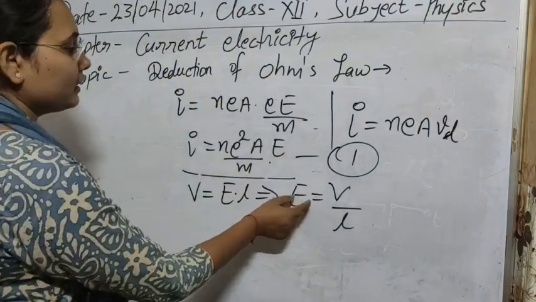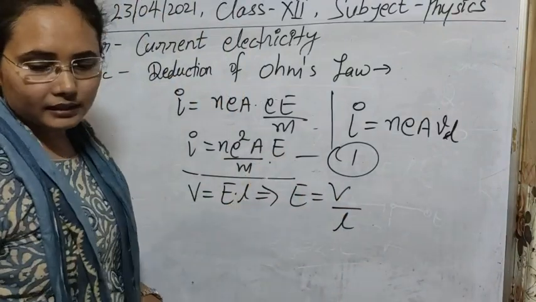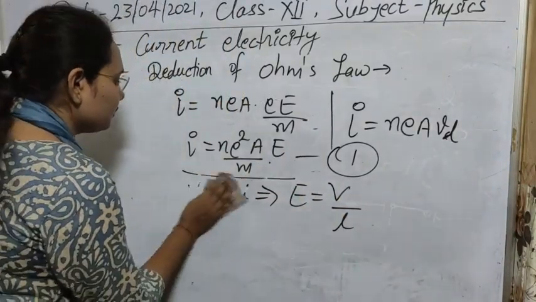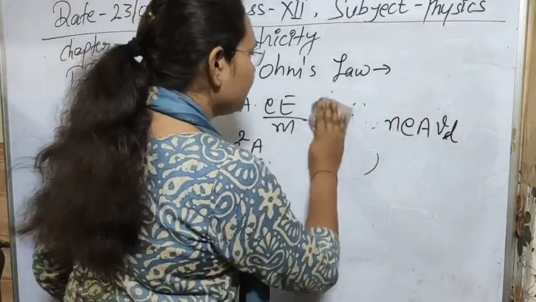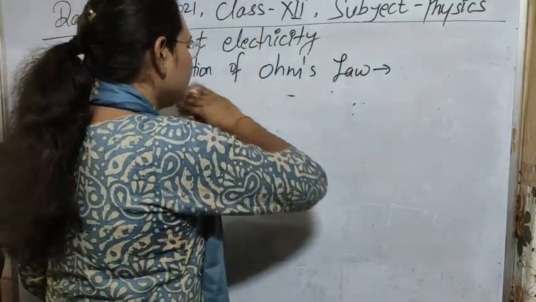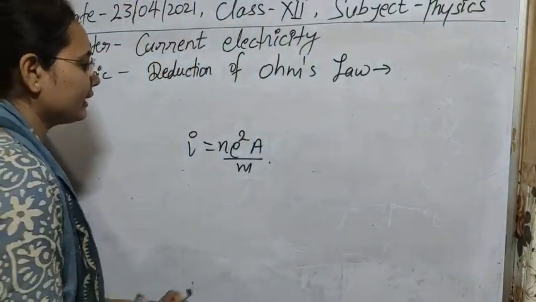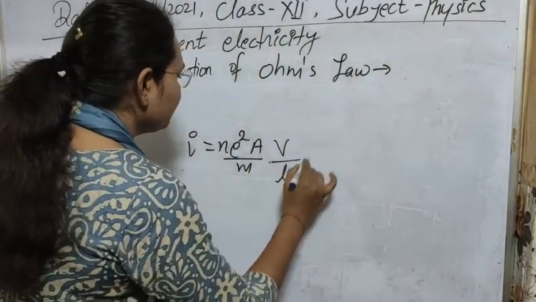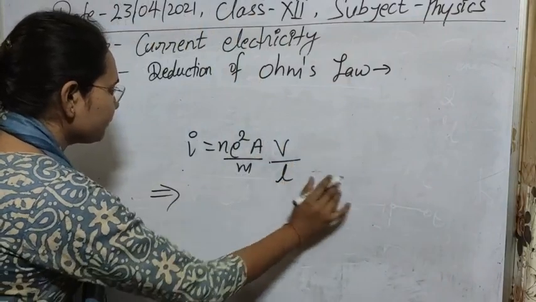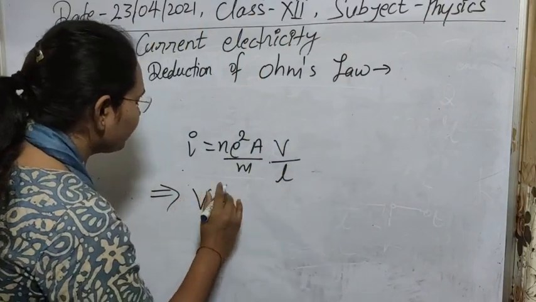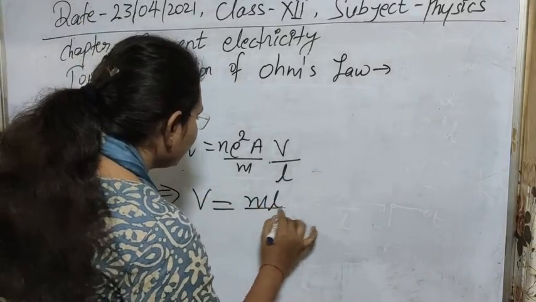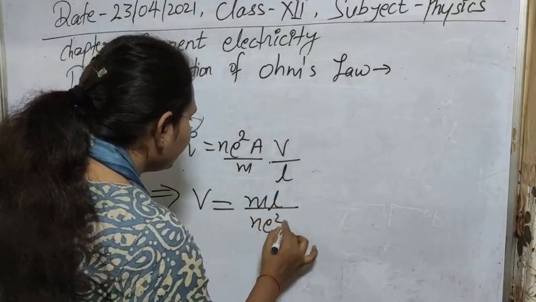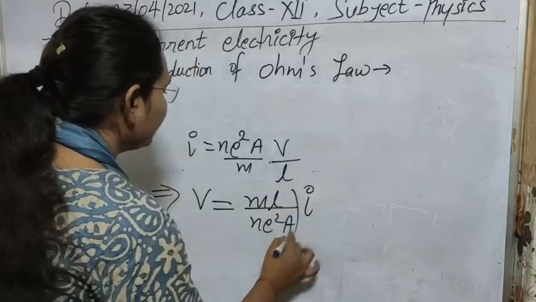In the place of E, we can write this value of E in terms of the potential and the length of the conductor that we have taken. From this, if we calculate the value of V, it is obtained as m l upon n e square A into I.